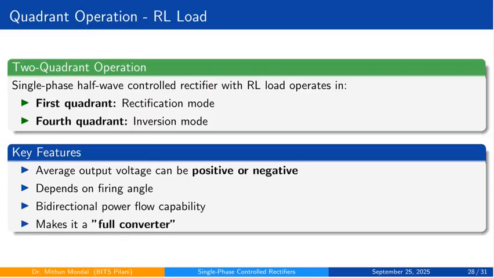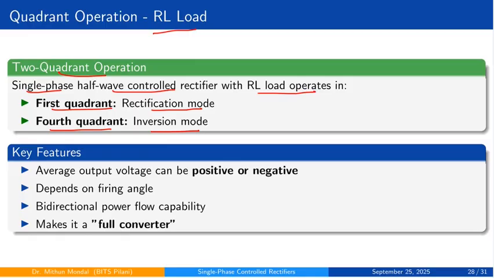In the resistive load we have first quadrant operation; in the RL load, we have two quadrant operation. So the single phase half wave controlled rectifier with RL load will operate in the first quadrant when it is in the rectification mode, and in the fourth quadrant when it is in the inversion mode. So with R load we have only one quadrant, which is the rectification, but with RL we have two quadrant operation: one is the rectification and the other one is the inversion.